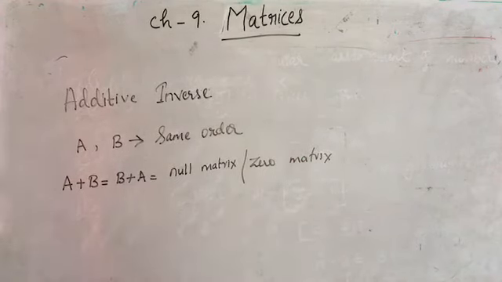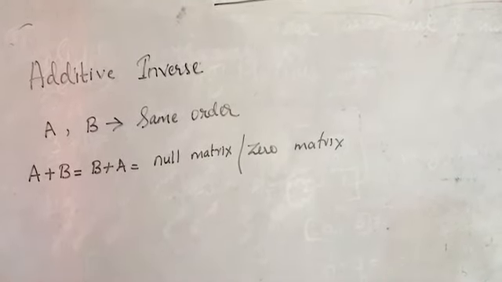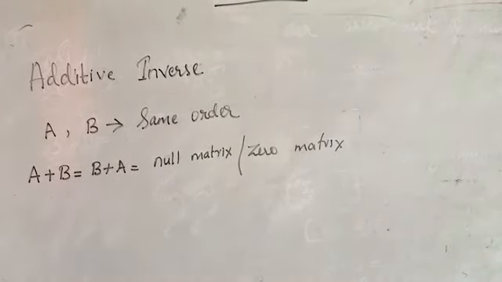If you add A plus B, that is equal to B plus A, because you know addition is commutative. But the result should be a null matrix. Only then can you call it an additive inverse.